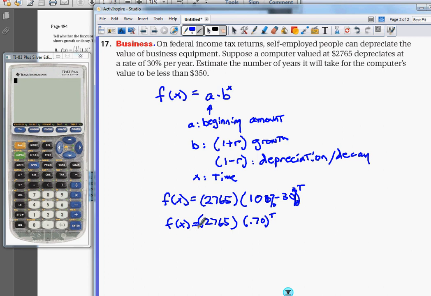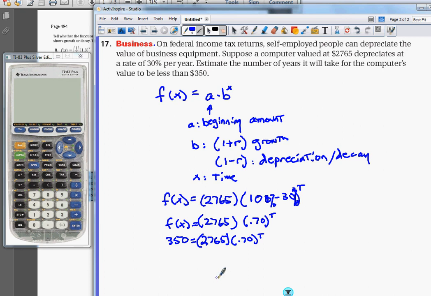Now they're asking you to estimate the number of years it will take for the computer to be less than $350. So we're going to go right at 350. We're going to set the value of the function, which is f of x, to $350 equals 2,765 times 0.70 to the t.